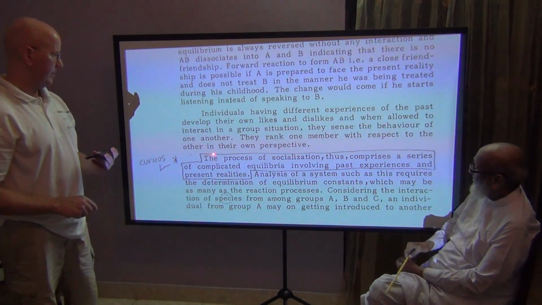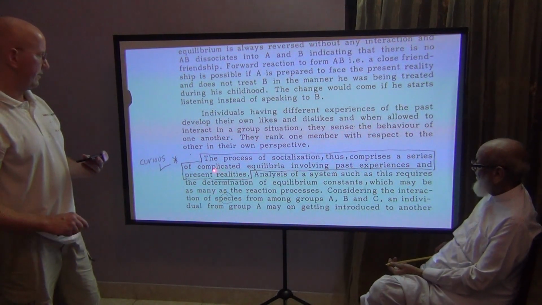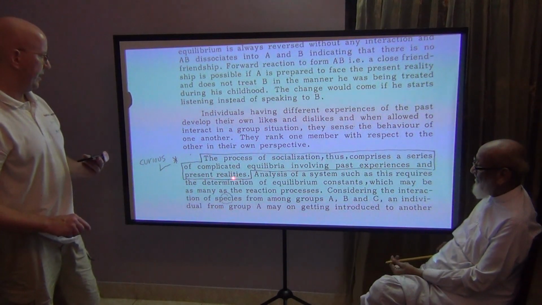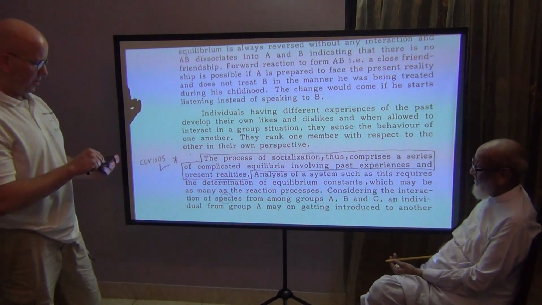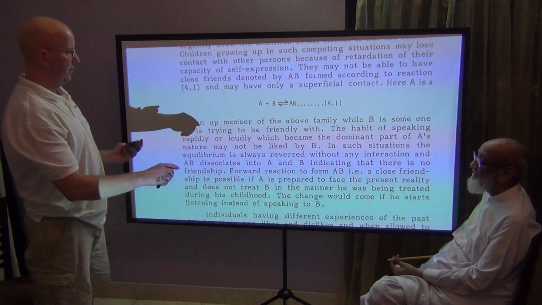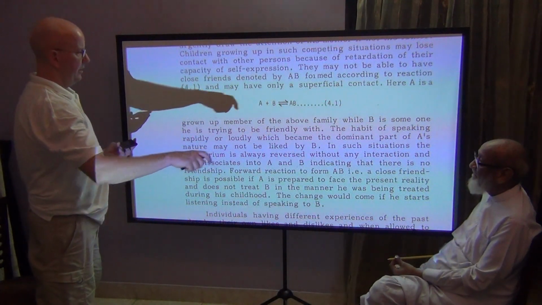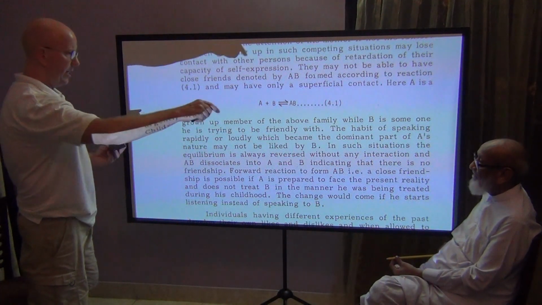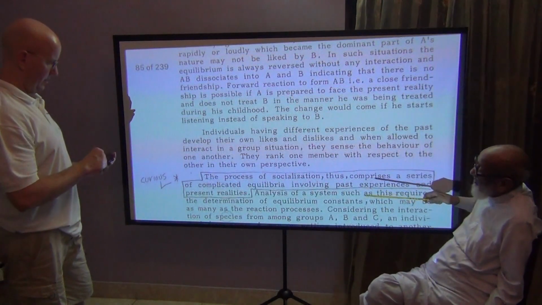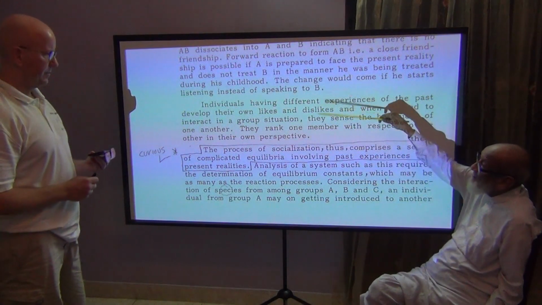Big right here says the process of socialization thus comprises a series of complicated equilibria involving past experiences and present realities. So in your mind, these types of equations are coupled to each other. You have some here like this, some here like this, and people go through equilibrium reactions in society through their existence. When I say interaction, or the socialization process, it is those graphs.